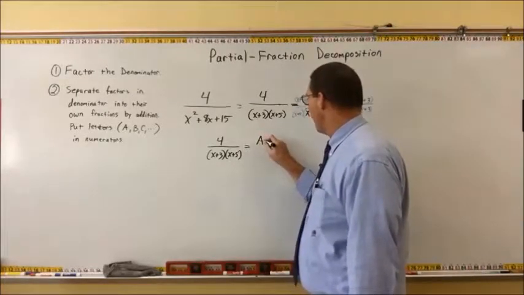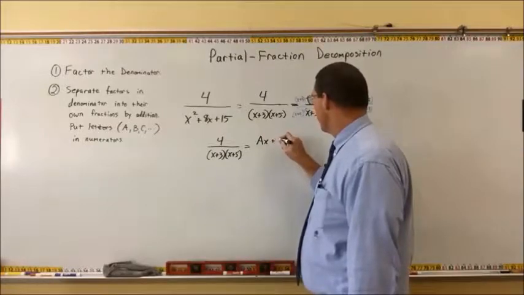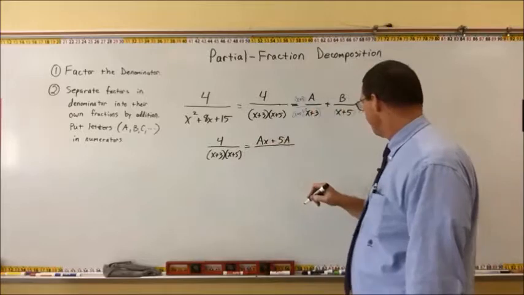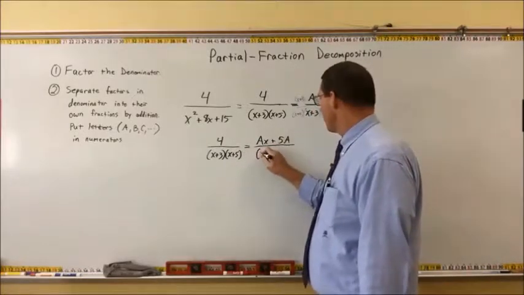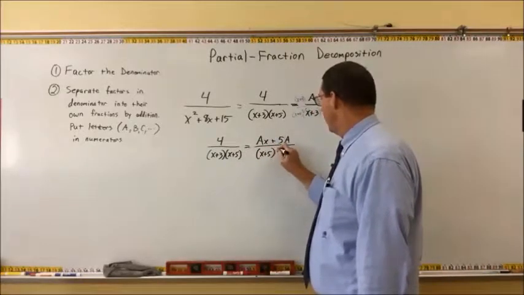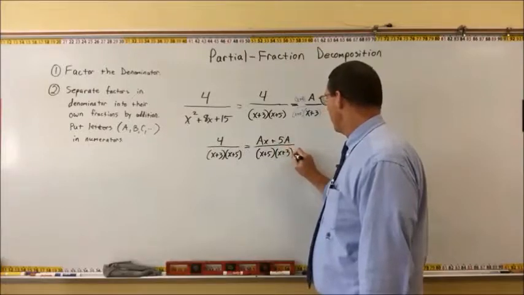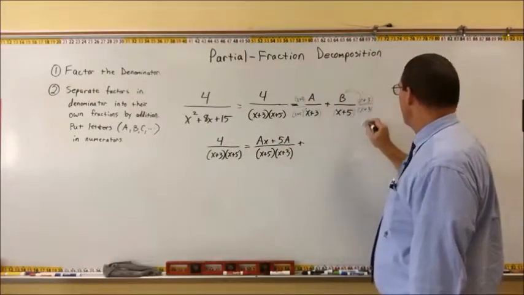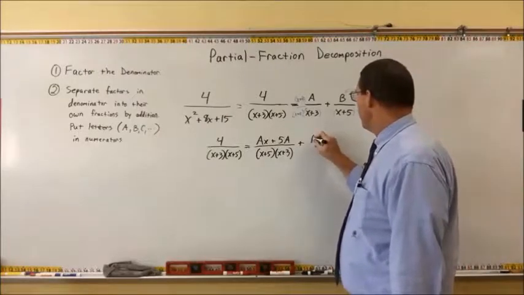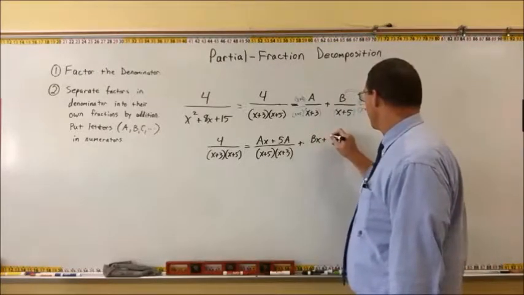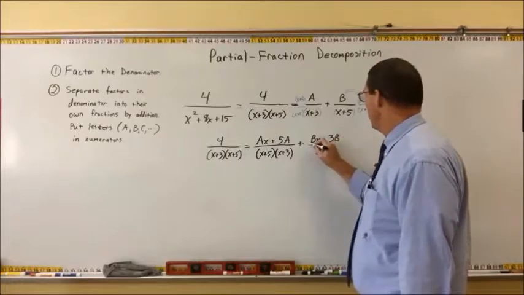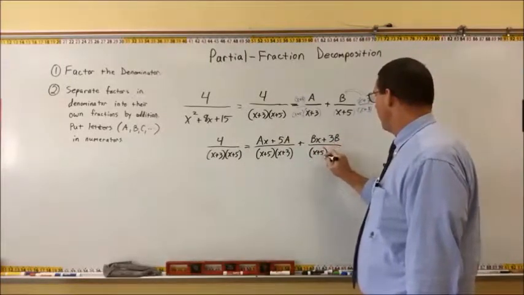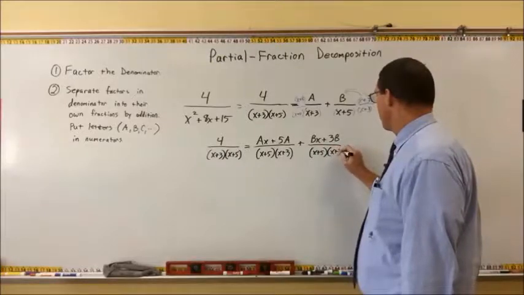So we have Ax plus 5A over x plus 5 times x plus 3, plus, now here we're going to distribute the B. We're going to get Bx plus 3B over x plus 5 times x plus 3.